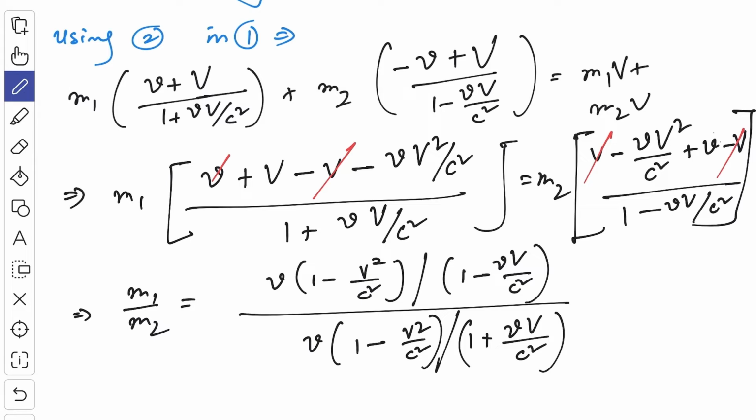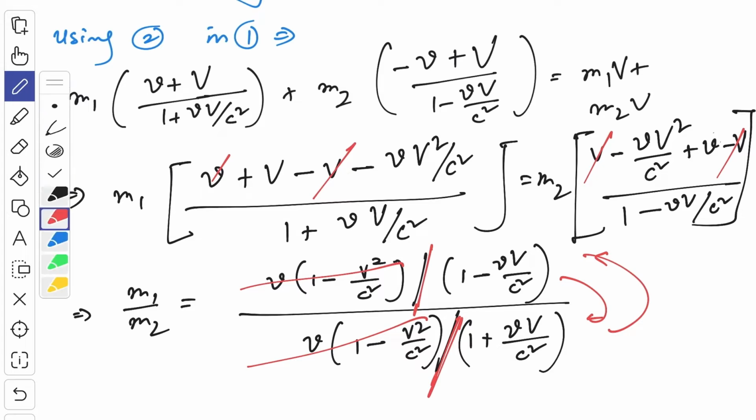So here what we can do, we can cancel these two terms, and after simplification this term will be here and this term will be here.